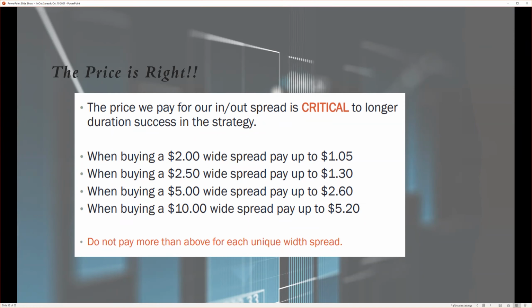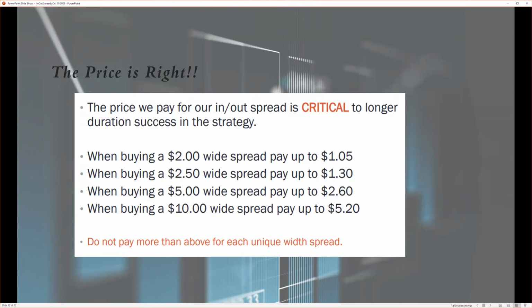What determines the right price to buy, of course, is the skew. And the skew is the difference between the volatility that you're buying versus the volatility that you're selling.